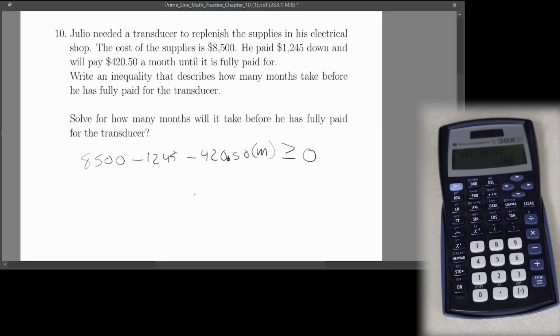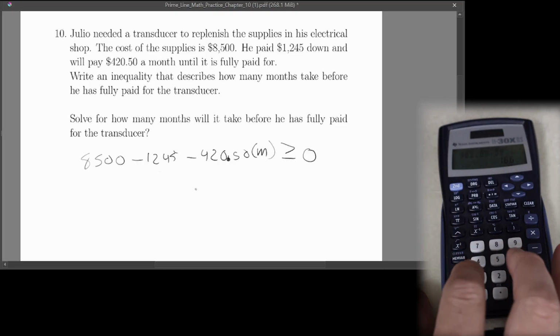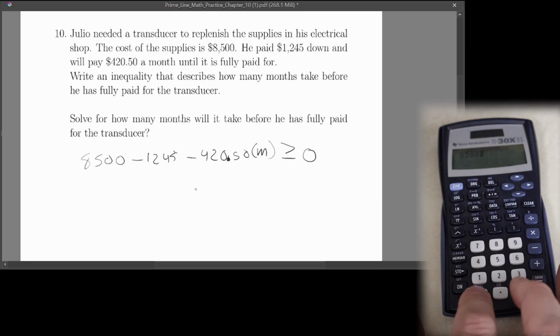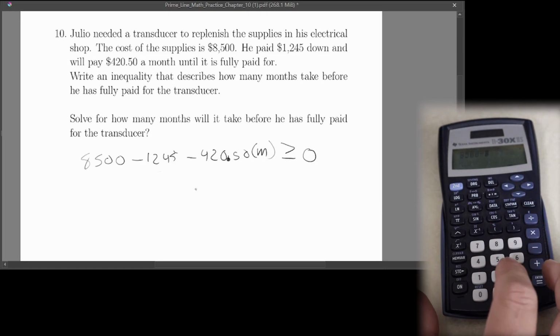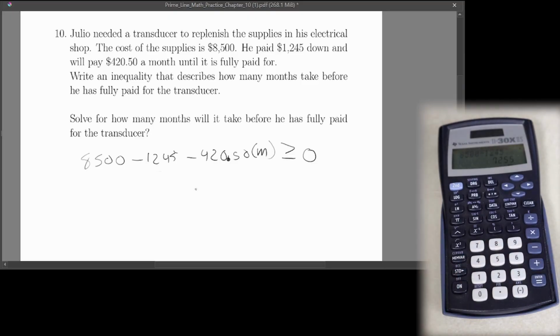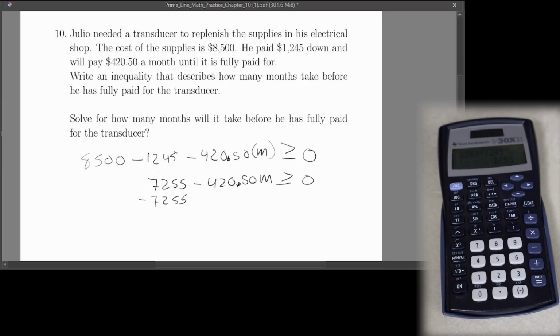If we combine these, we can combine these two numbers, and that gives us 8500 minus 1245. So we get 7255 minus 420.50m. We're going to subtract 7255.